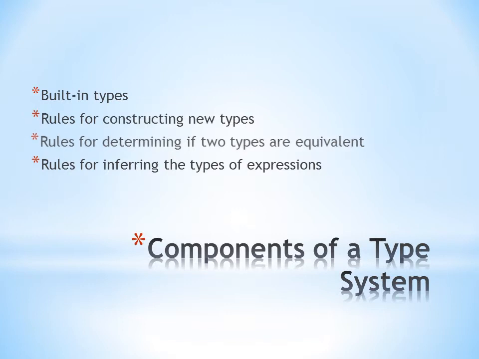When we consider components of a type system, there are several: built-in types, rules for constructing new types, rules for determining if two types are equivalent, rules for inferring the types of expressions.